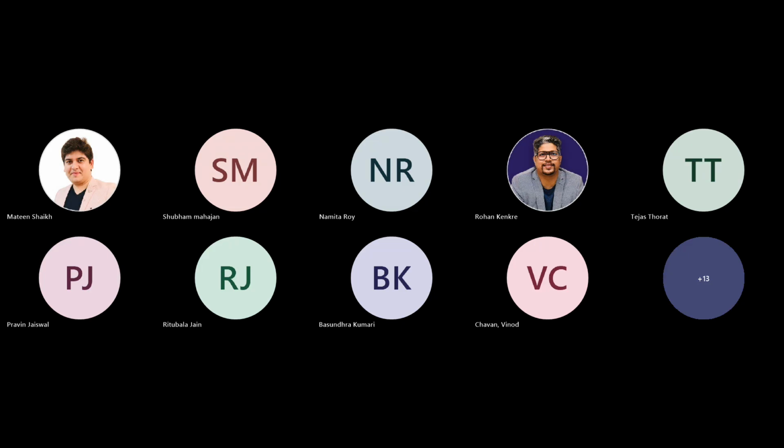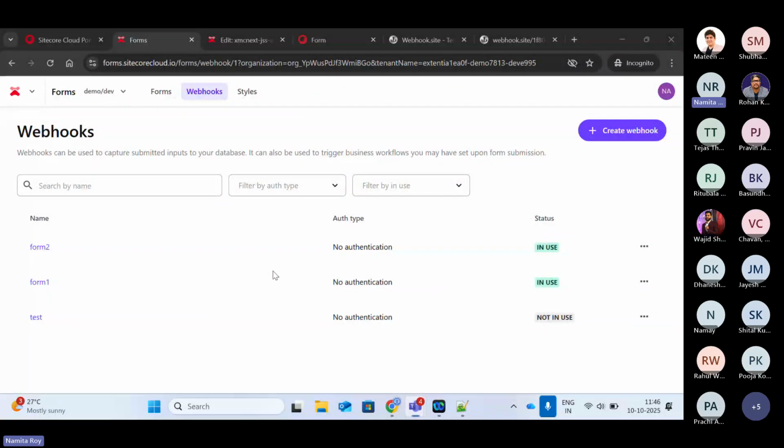Hey Namita, Wajid this side. My question is, how does conditional logic work in XM Cloud Forms? For example, if I want to hide or show some form fields using basic logic rules, how can I do that? Yeah, Wajid, based on any logic you want to hide or show.